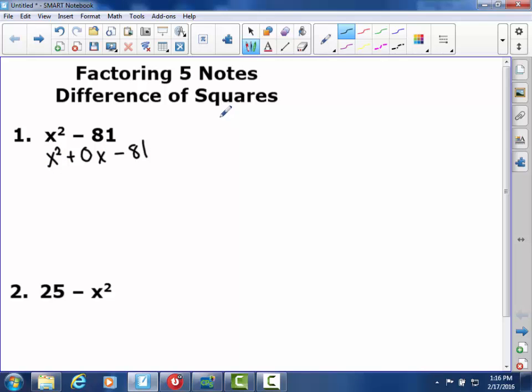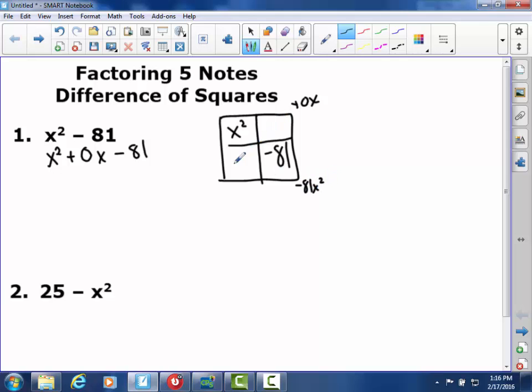And then I can use my factoring box, and I know that x squared would go here, negative 81 would go here, and then what goes in these two boxes has to add up to be 0x. But they would multiply together to give me the same thing as these two. So I multiply these two together, and I get negative 81x squared.